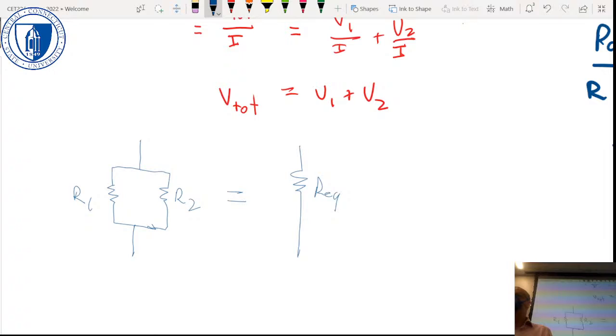Whereas the inverse one is basically the same. Right? Or 1 on Req is 1 on R1 plus 1 on R2 plus 1 on R3 plus 1 on R4.